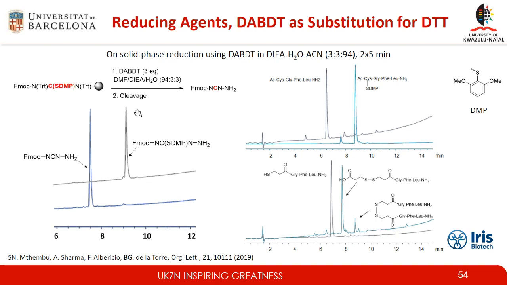Here it is in the middle, but we can also use this in a terminal cysteine, protected in blue, and after treatment, 2 times 5 minutes, we can remove this protecting group.